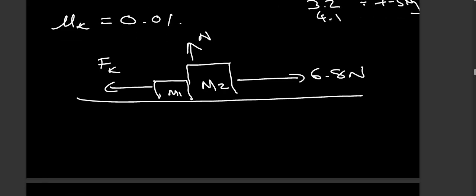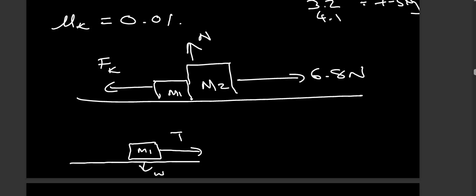So we'll get mass 1. The only forces acting on mass 1 are the tension that is trying to pull it, and the weight, which is M1G, and then we have the normal force. It has its own friction, so we call it FK1.